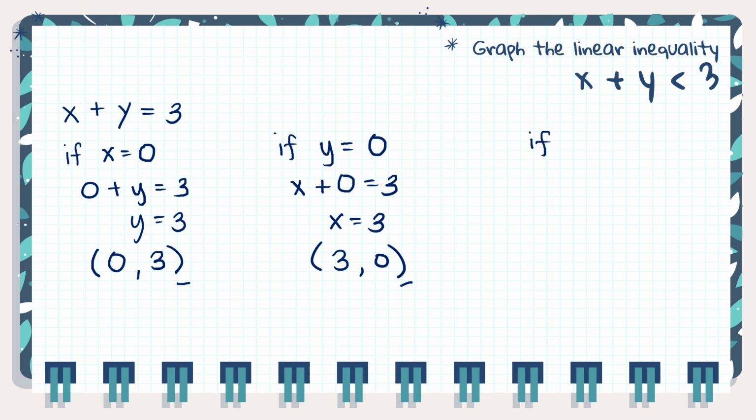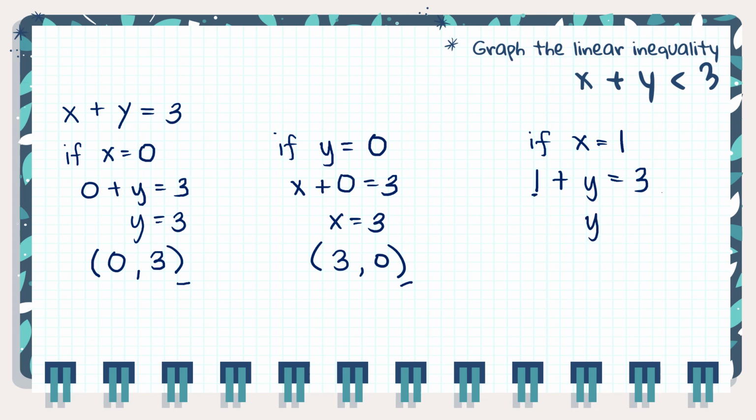Let us say that x is equal to 1, so for us to find the third point, to determine if they really fall on the same line. So we have 1 plus y is equal to 3. Since we have 1 on the left side, we are going to apply the APE.